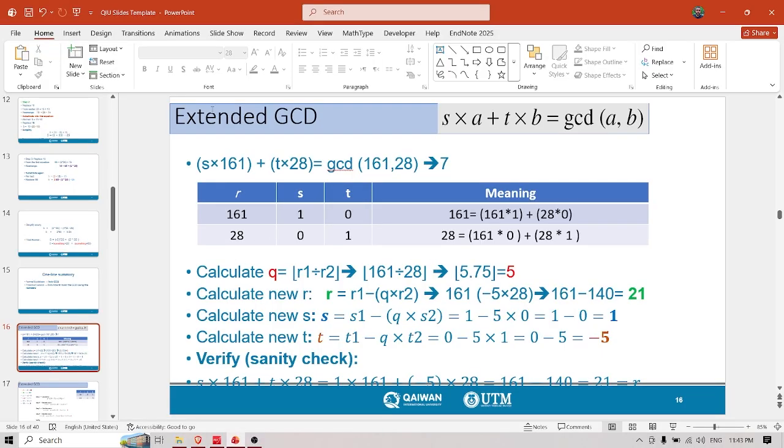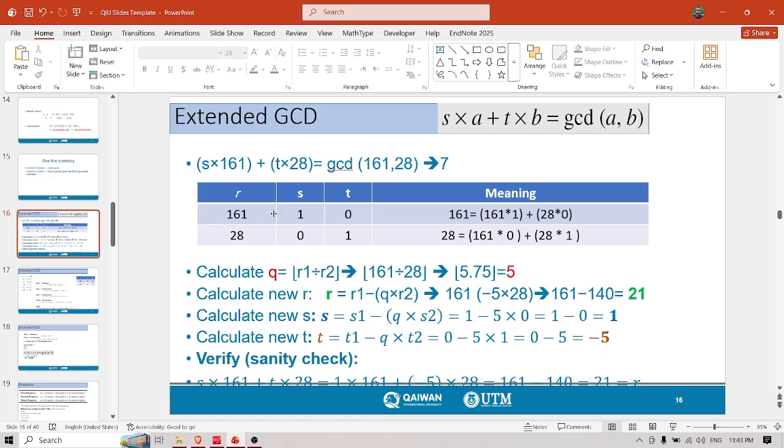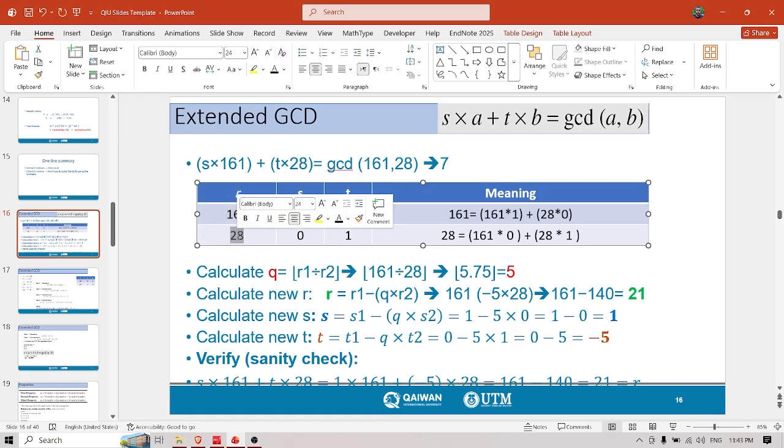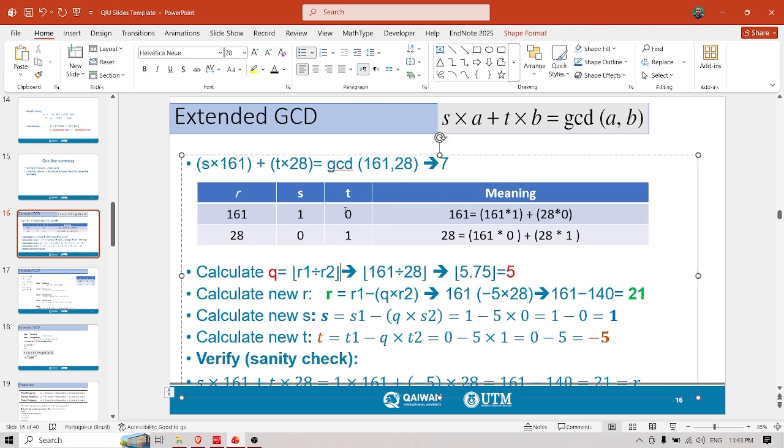Now, in order to use the extended GCD, what we need to do is the R. Now, this 161 is R1, this is R2. Now, the S would be 1, 0, and this would be S1, T1, S2, R2. Now, why do we say this?